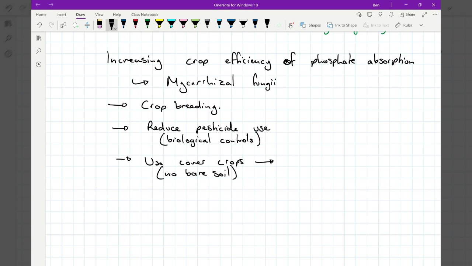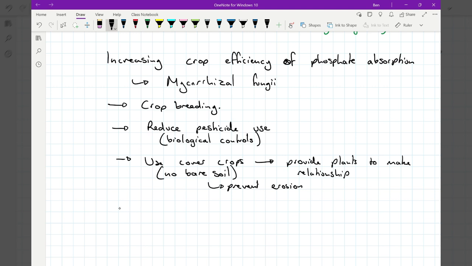And these cover crops then also provide sort of surrogate plants until our crop is planted. And prevent erosion, so we don't lose that phosphates from the soil.